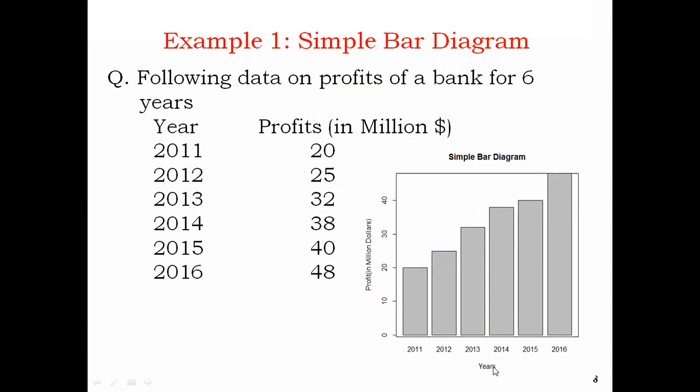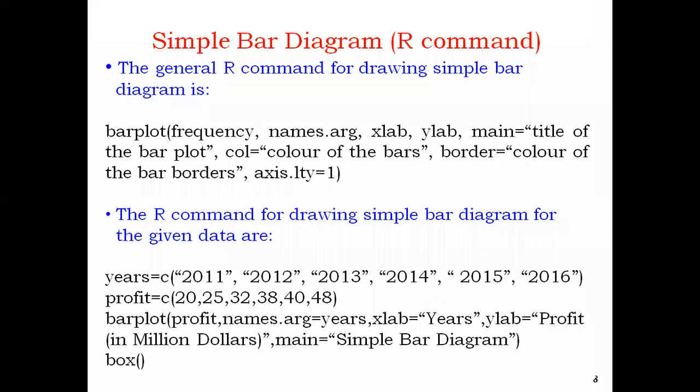Now you see years are on the x-axis, and profit in $1 million is on the y-axis. Now you see how we can draw this diagram. This is only the question here, and I am giving you the diagram, but how can we draw it in R? So these are the codings. I have given these codings because it will be helpful for you to practice later.